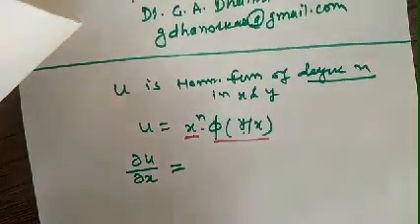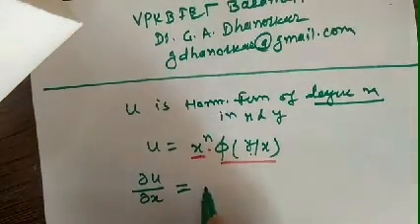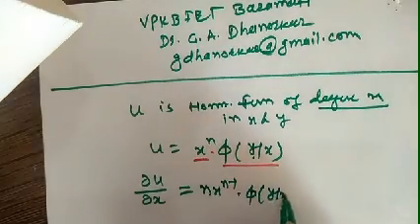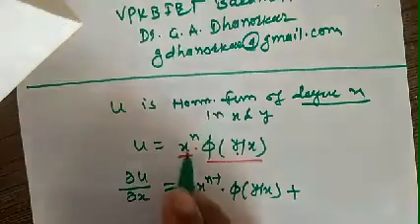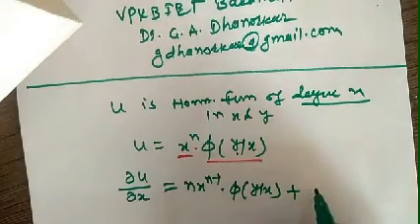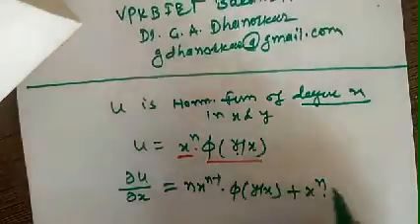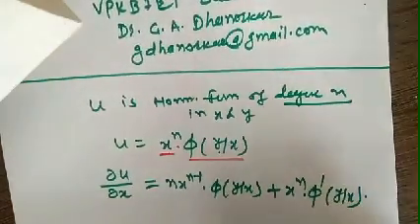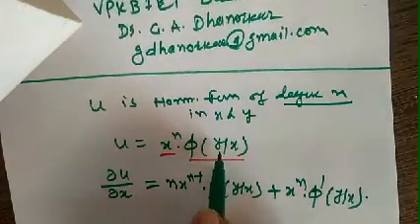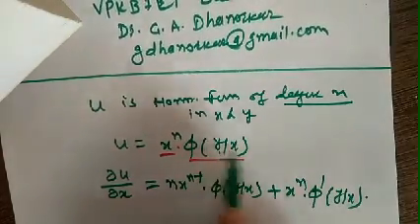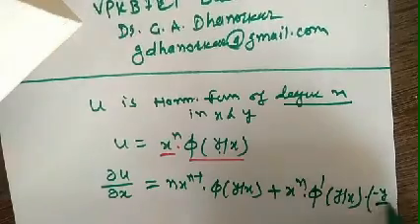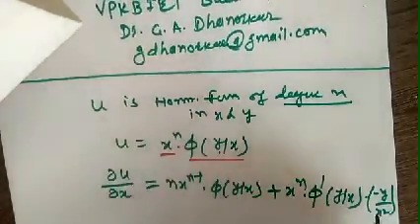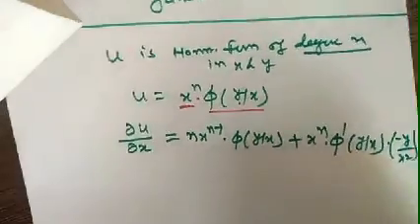I will find the derivative of x raised to n, which is n x raised to n minus 1, keeping the second function as constant, plus x raised to power n into the derivative of this function, phi dash of y divided by x, into the derivative of the angle. We are finding the derivative with respect to x. This is y divided by x, and the derivative of the angle is minus y divided by x square. y I am keeping as it is, and the derivative of 1 by x is minus 1 divided by x square.